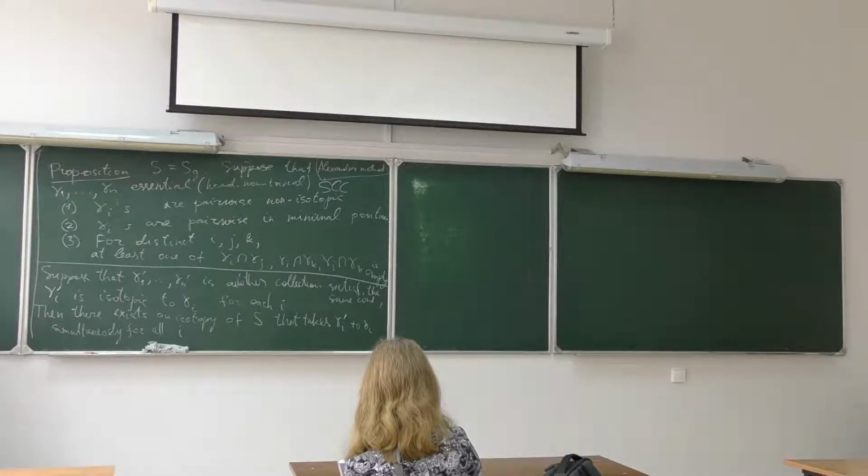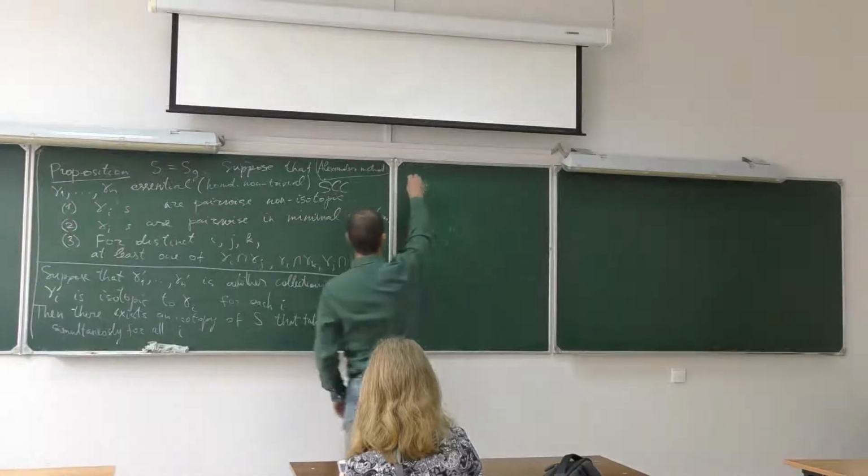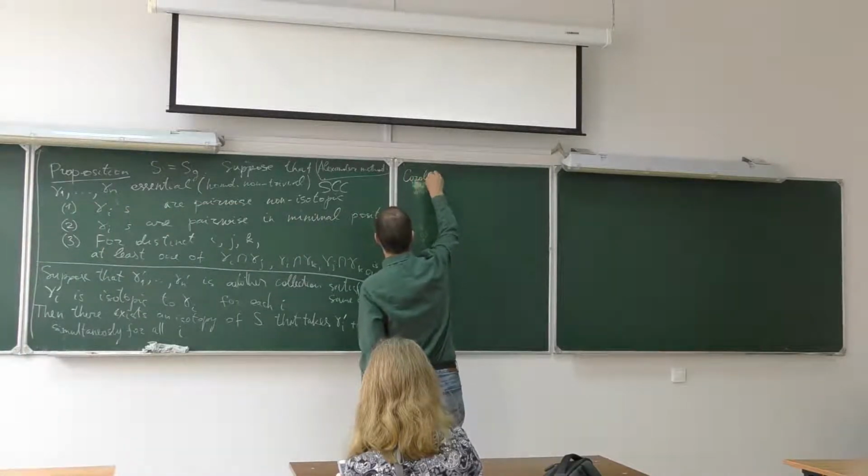In particular, it follows that if we have only 2 curves, then the third condition is always satisfied, and this is always true. So, before proving, let us formulate 2 corollaries.